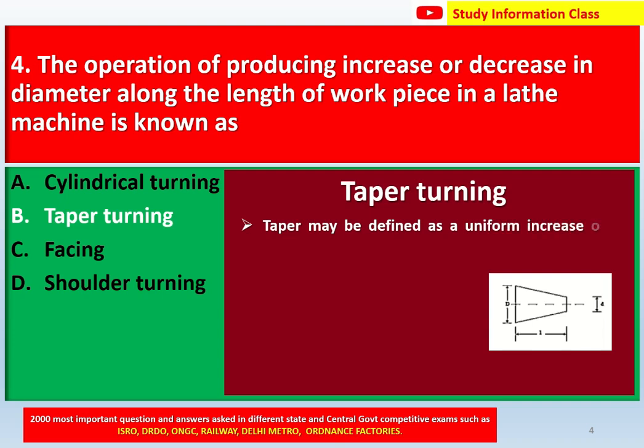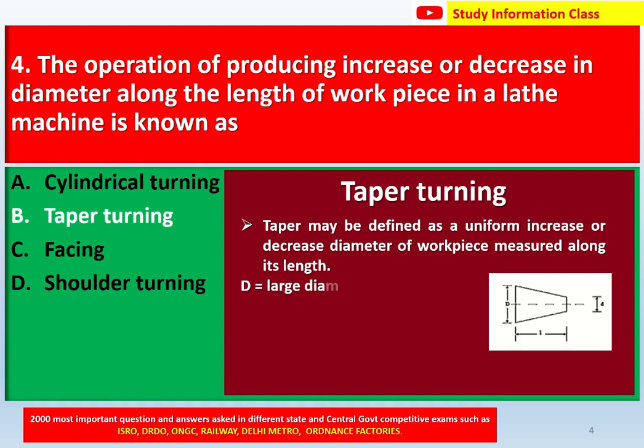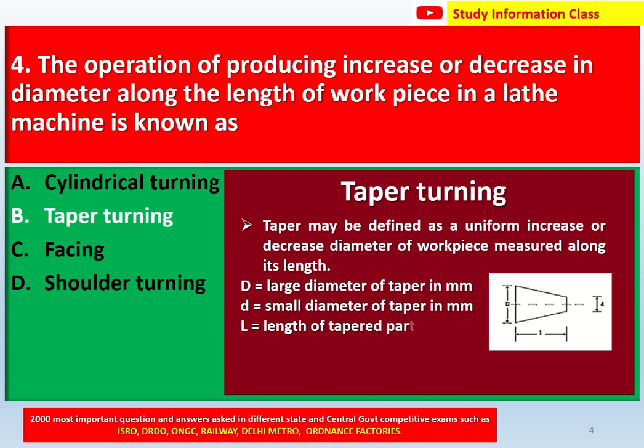Taper may be defined as a uniform increase or decrease of the diameter of workpiece measured along its length, where capital D is large diameter of taper in millimeter, small d is small diameter of taper in millimeter, and L is the length of taper part in millimeter.